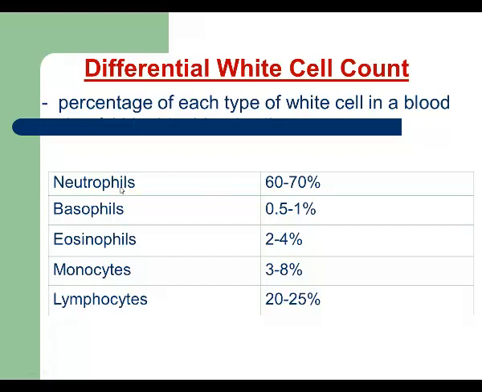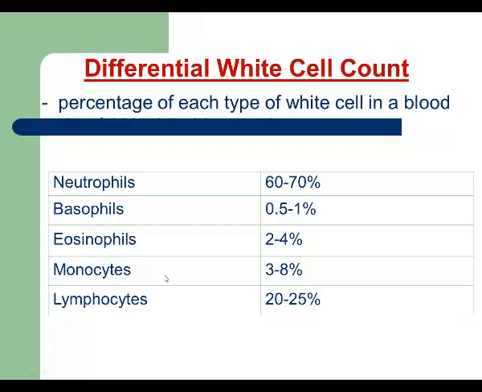Neutrophils are the most numerous white blood cells. You see we have 60 to 70% of this type, and they protect us against bacterial infections. Then lymphocytes, from 20 to 25%. They protect us against viral infections.